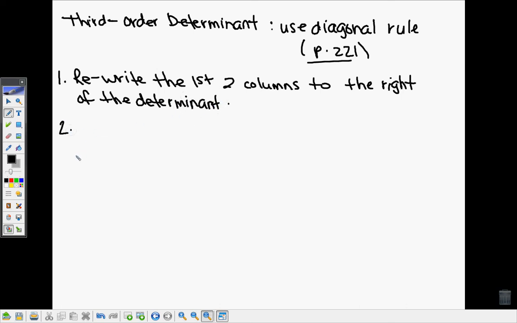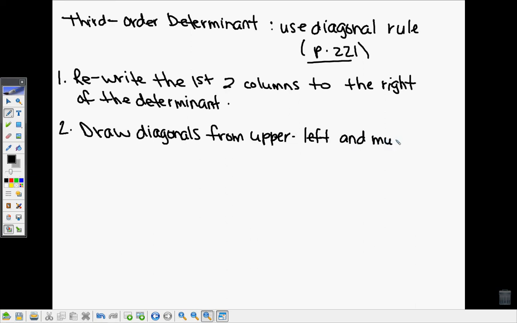Step 2, that's the easy part. Draw diagonals from the upper left and multiply, then do the upper right.